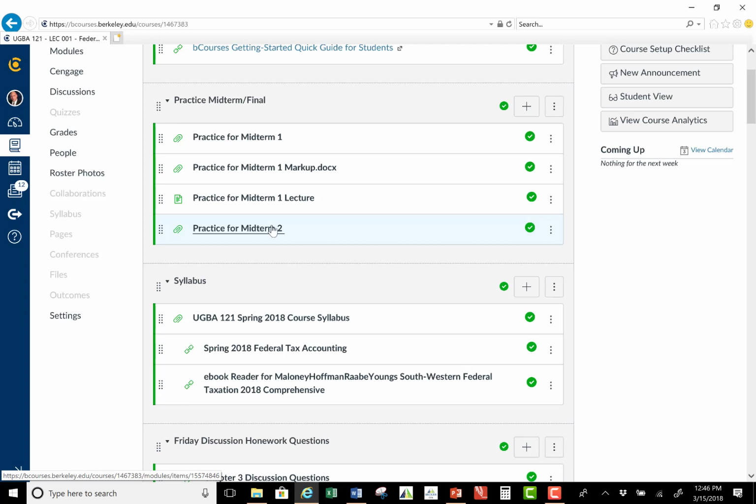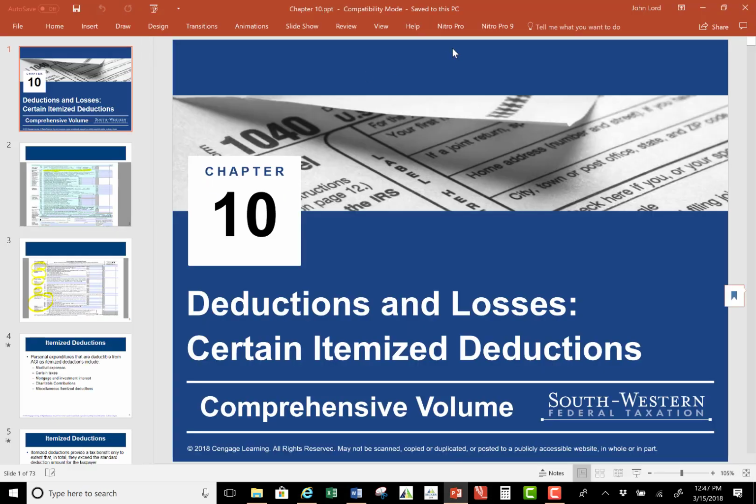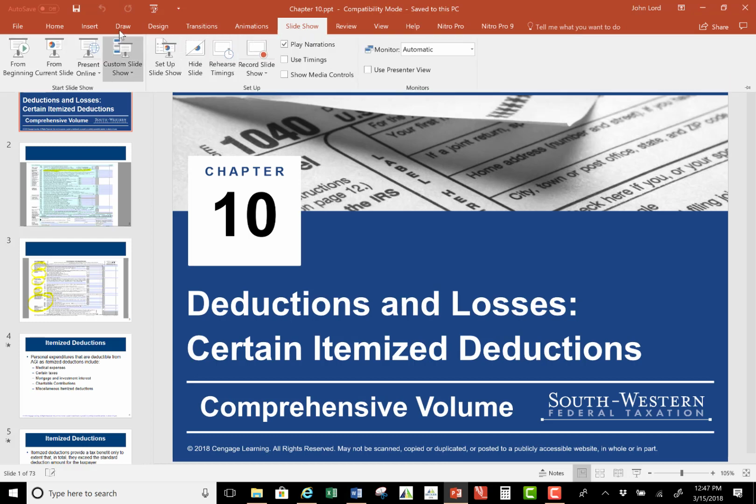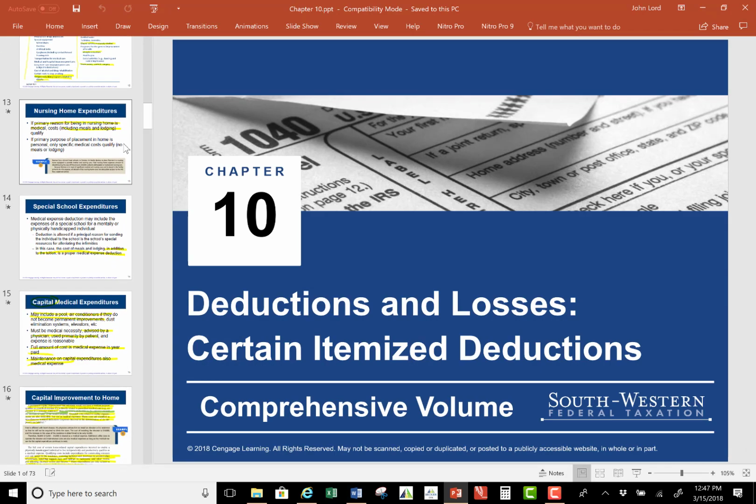Okay. All right, guys. So let's go ahead with all that and not waste any more time and jump into the balance of the chapter 10 material, which I'm pretty sure we had stopped at charitable contributions. Okay, so let me get to that.